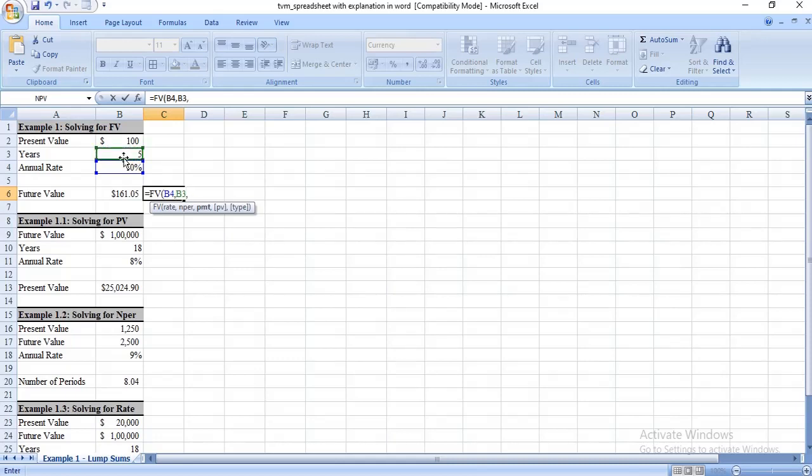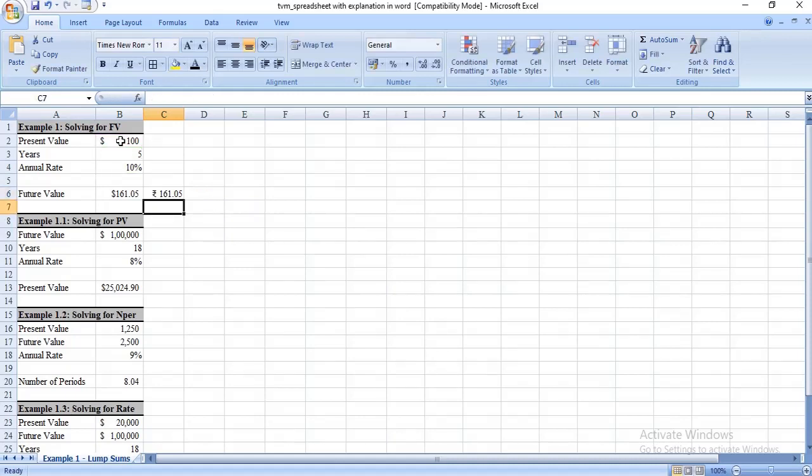Then PMT: you are not giving any installment, that means it is not the SIP kind of investment, it is a lump sum investment that you are making only in the present time. So PMT is 0, that means you are not paying any annual amount. PV is your present value which you are investing, that is $100. Then for type, we will be taking 1.